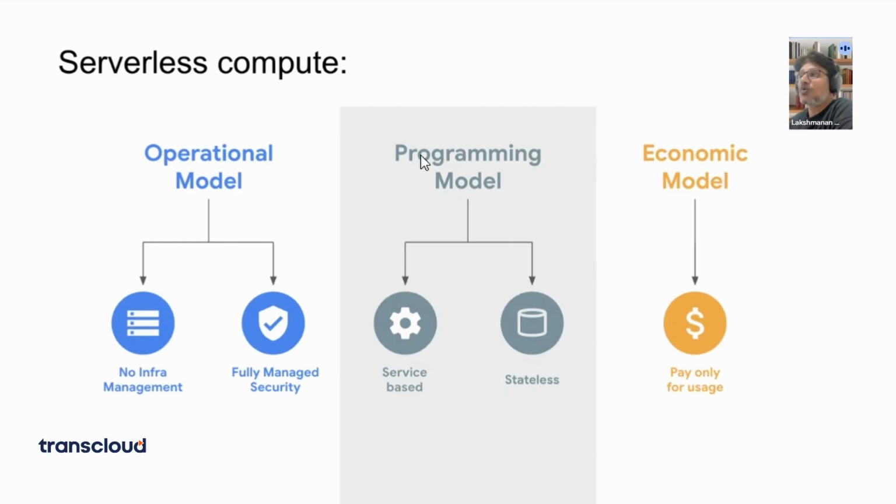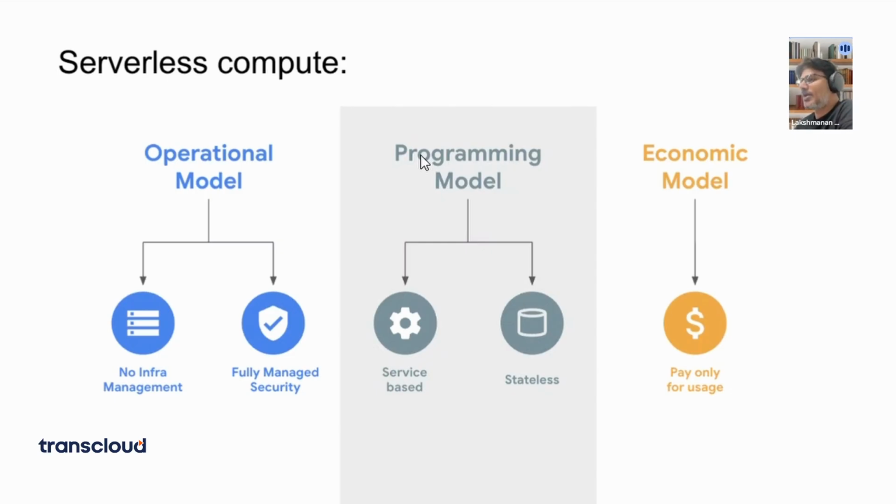We don't have to worry about whether the VMs are patched, or whether the latest attack is going to affect your applications, because those things are taken care of by the cloud provider itself. Only the application-related security is the concern of the customers. In terms of operational model, these two are the major differences.